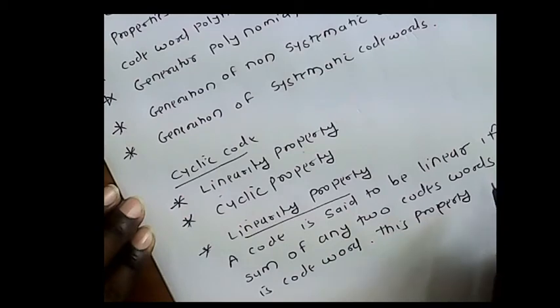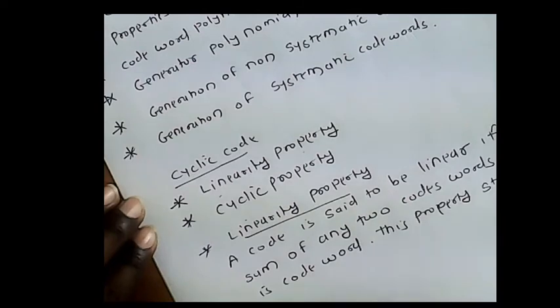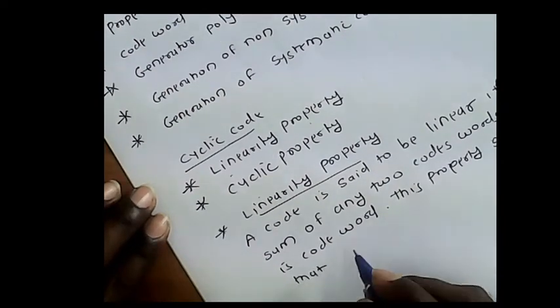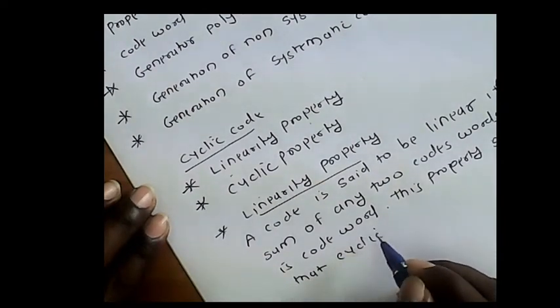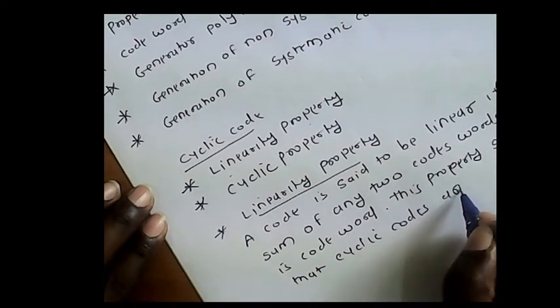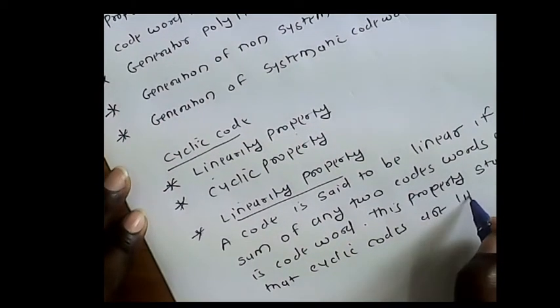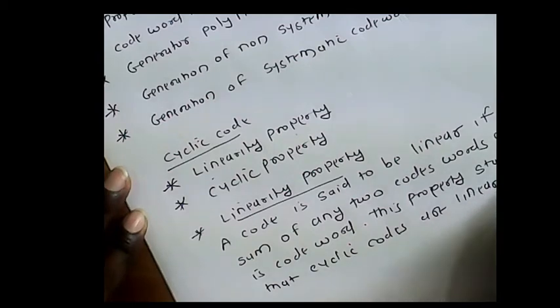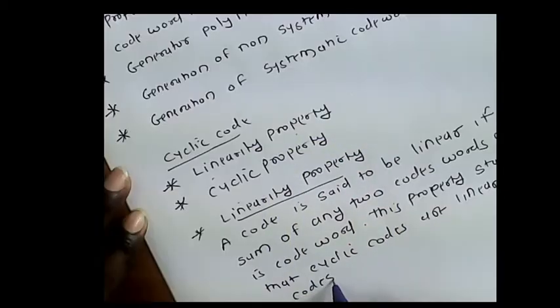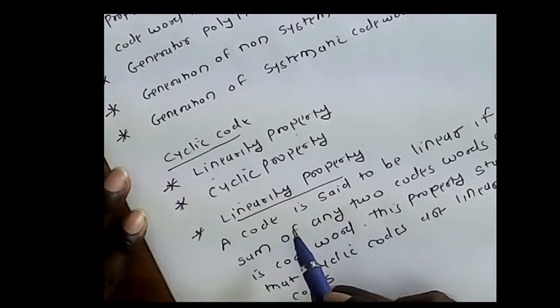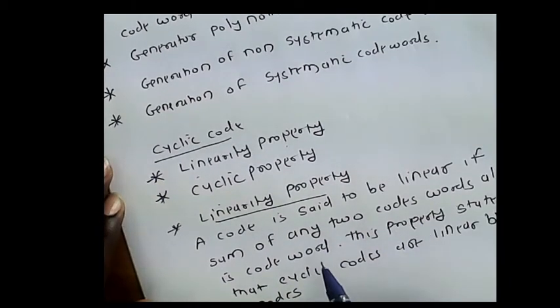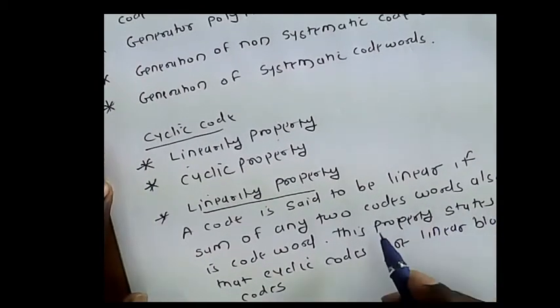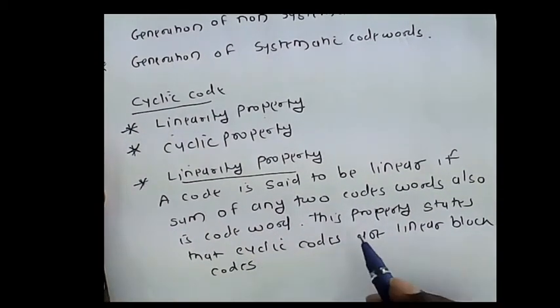This is the first property. A code is said to be linear if the sum of any two code words is also a code word. This property states that the cyclic codes are linear block codes.